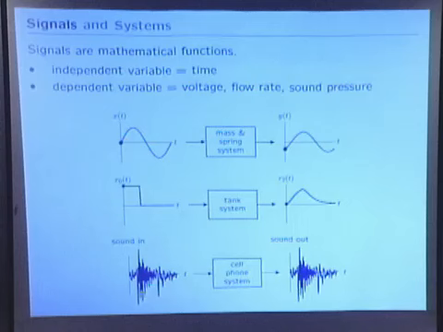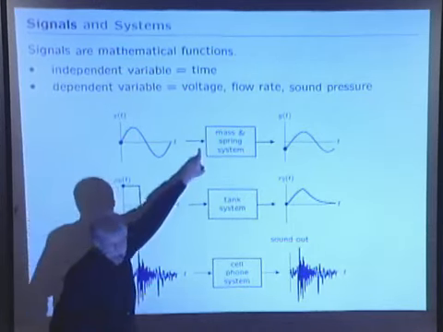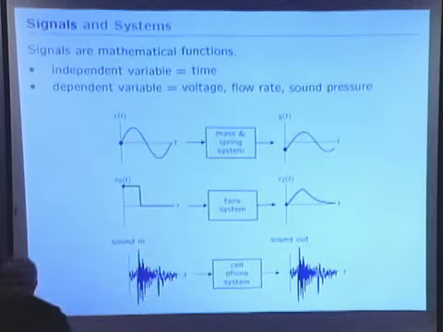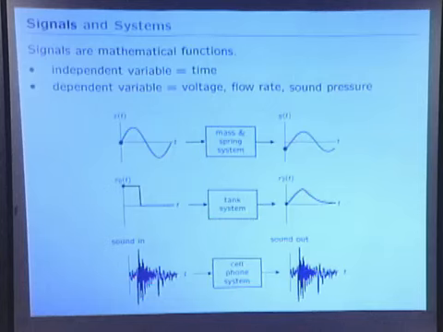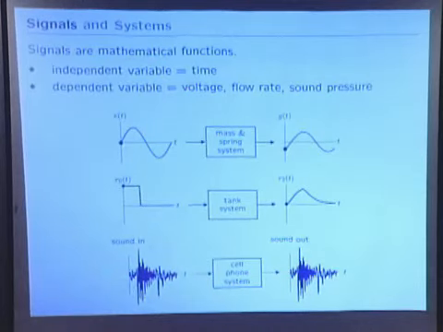But the dependent variable can be a variety of things. Here it was position. Here it was flow rates, meters cubed per second of water. Here it was perhaps pascals, a unit of pressure to characterize the acoustic waveform. So the point is that signals are generally functions.